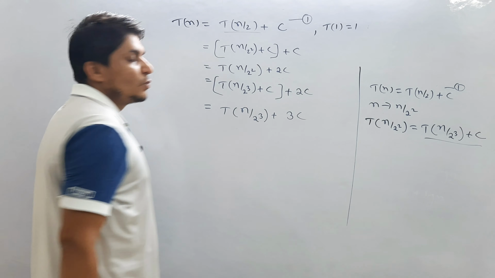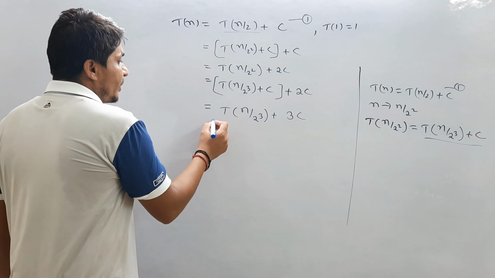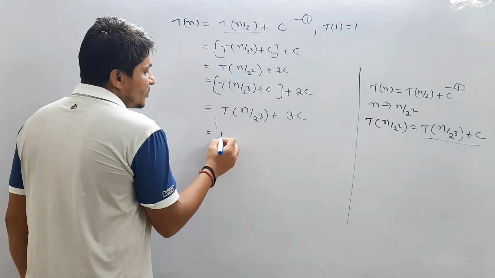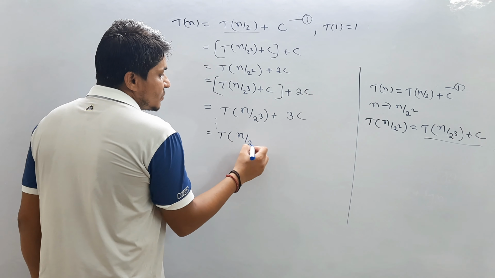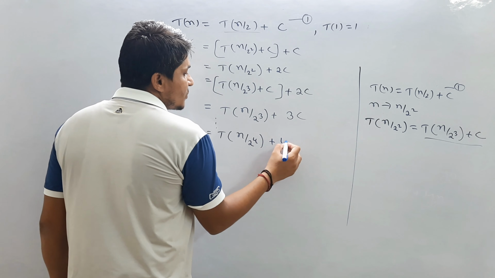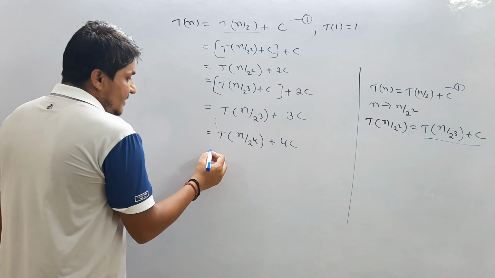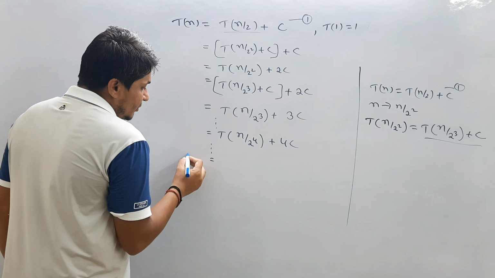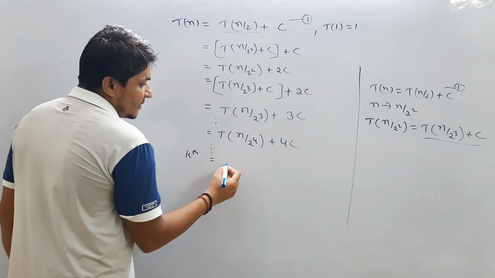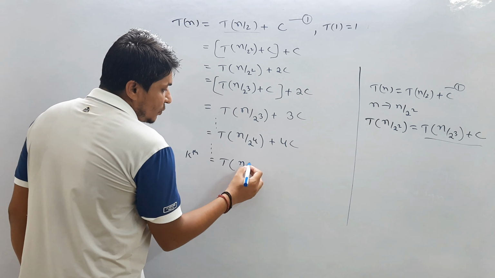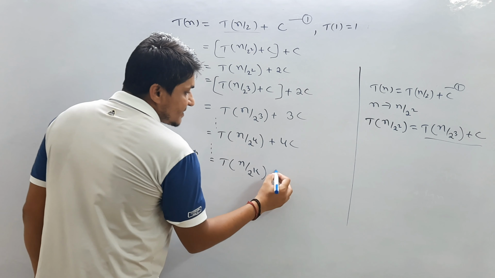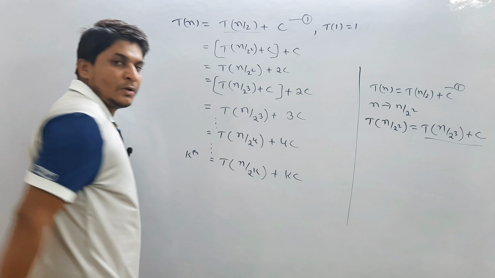Now I have understood the pattern it is following. If I substitute one more time, it is going to be T(n/2^4) + 4C. So up to what term should I continue this? Let us assume I am continuing up to the kth term. So it is going to be T(n/2^k) + k·C.